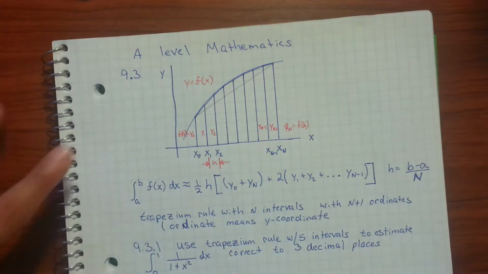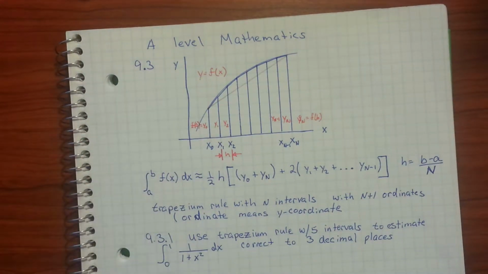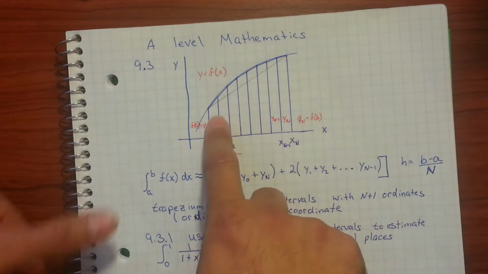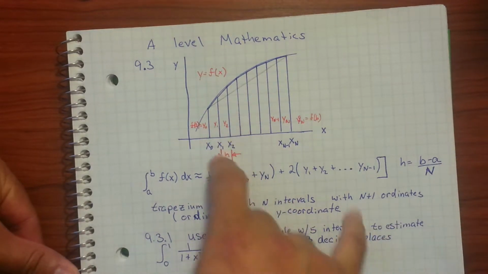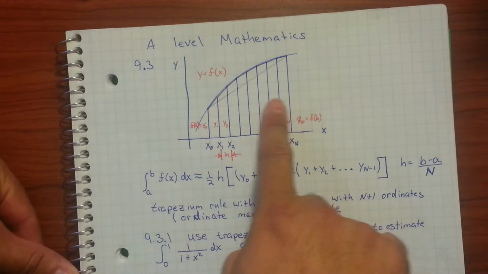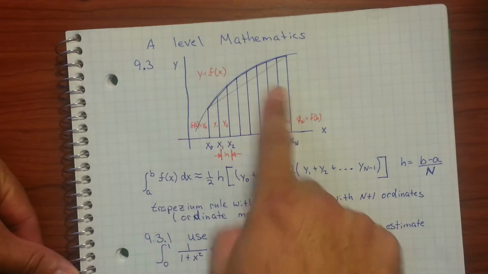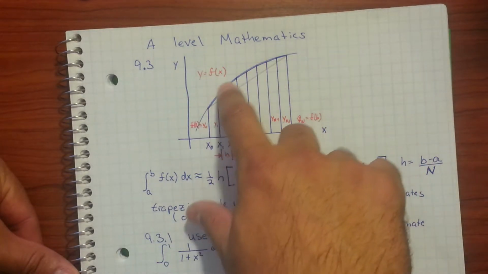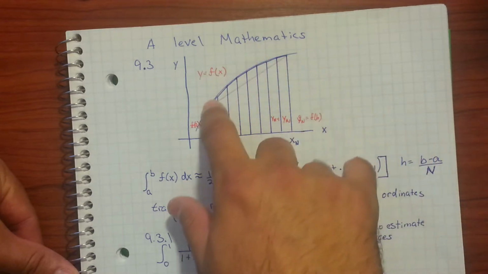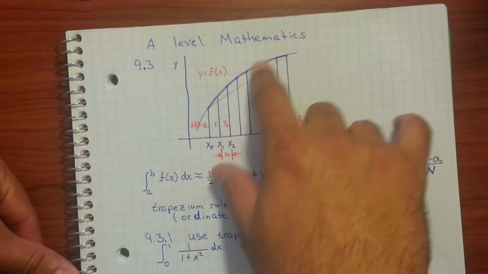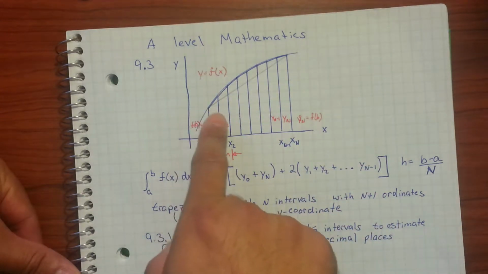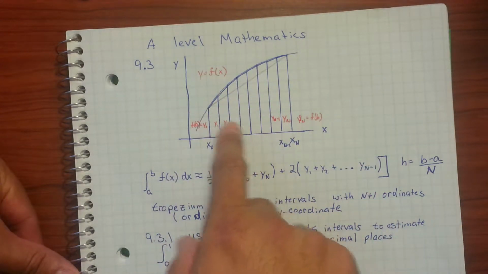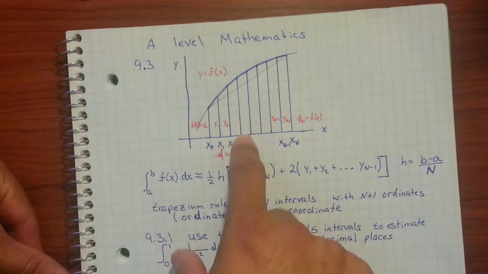now if we're looking at the difference in between this, if I were to use the simplest form of the trapezium rule, I would actually be only taking the area from here to here. So that means this right here under the curve would be a gap. All this right here would not be included in my estimation. So by breaking up into smaller pieces, I'm getting closer to the actual answer.